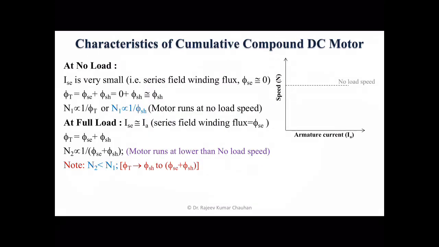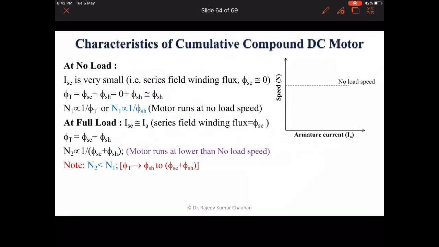Now the characteristics of the cumulative compound DC motor. At no load, ISE is very small, so series field winding flux phi se will be approximately 0. Therefore, phi t equals phi se plus phi sh, and substituting phi se equal to 0, phi t is approximately equal to phi sh.